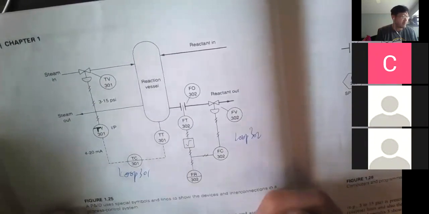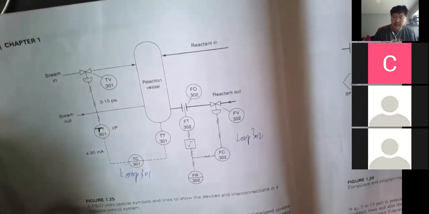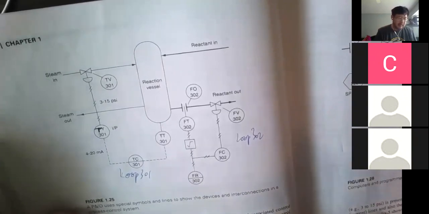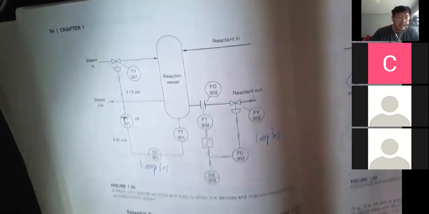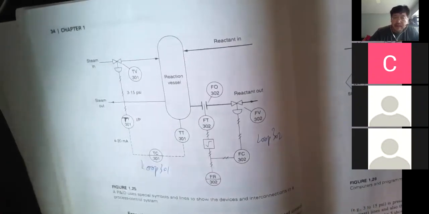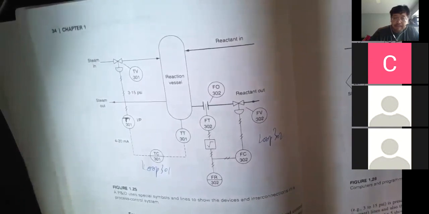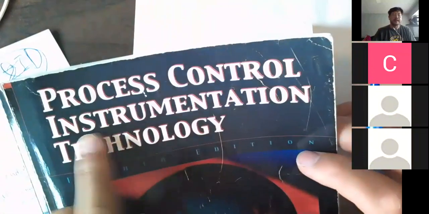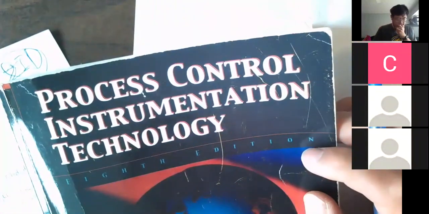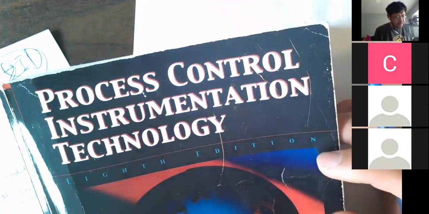You are connecting liquid and gas together, piping. And later they had instrumentation, which means replacing pneumatic or mechanical devices with electronic devices. So piping and instrumentation diagram.